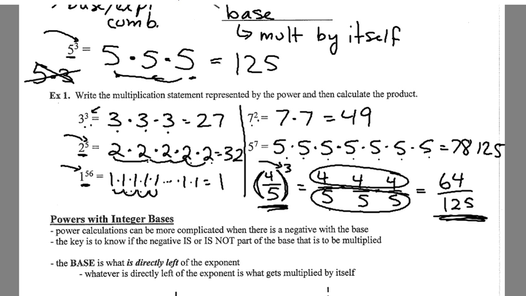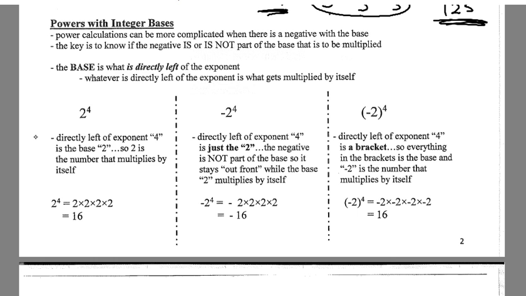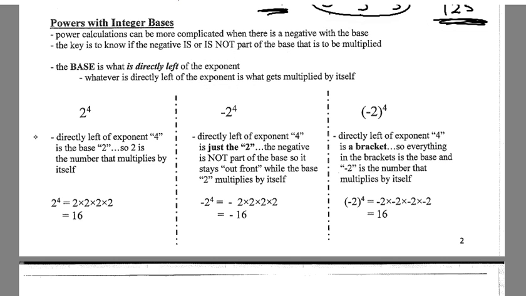So straightforward, hopefully. Here's where it started to get a little bit confusing in earlier courses, is the idea when you have an integer base. Bases aren't always positive. What's important is to know, what is the base? Is the negative or is not the negative part of the base?